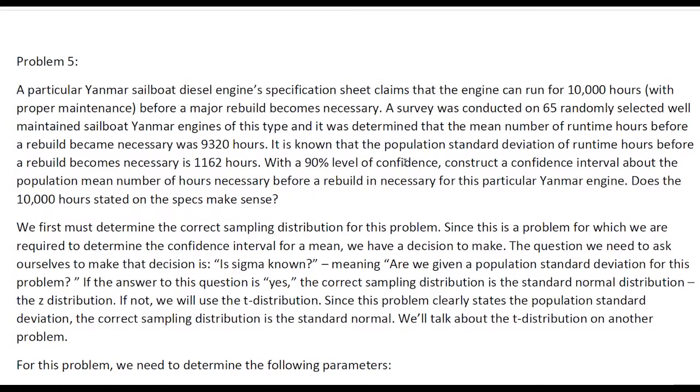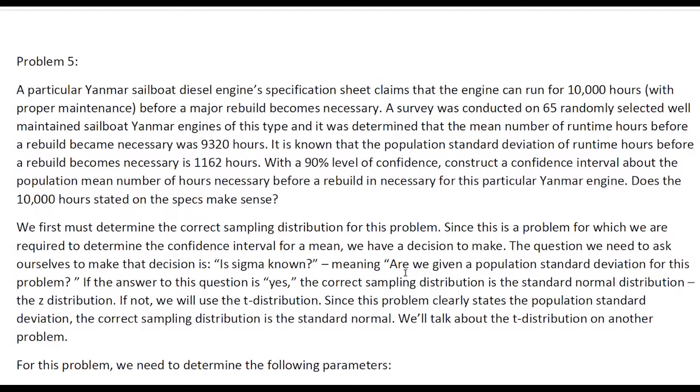Just like the population proportion type of problems, we first need to determine the correct sampling distribution. Since this is a problem for which we're asked to determine the confidence interval for a mean, we have a decision to make. In order to make that decision, the question we need to ask is: is sigma known?